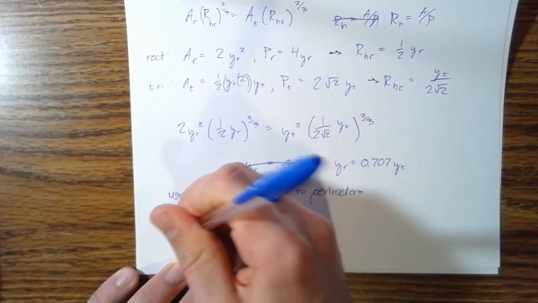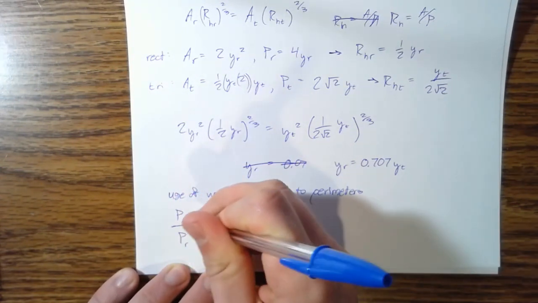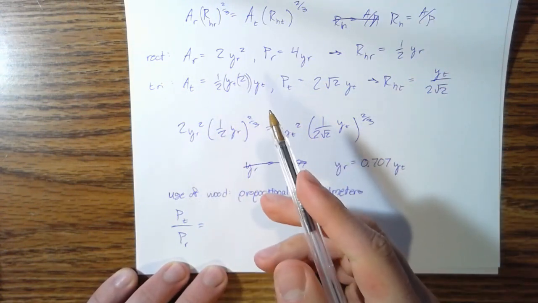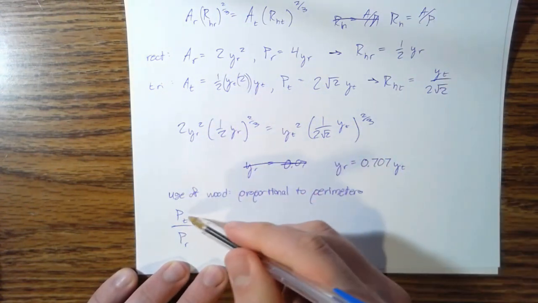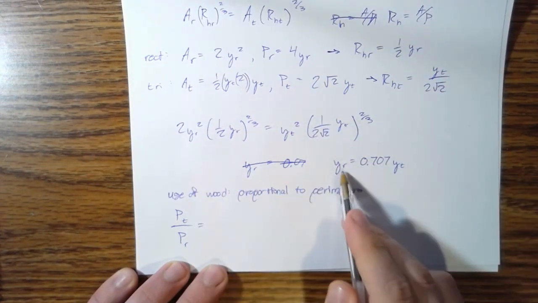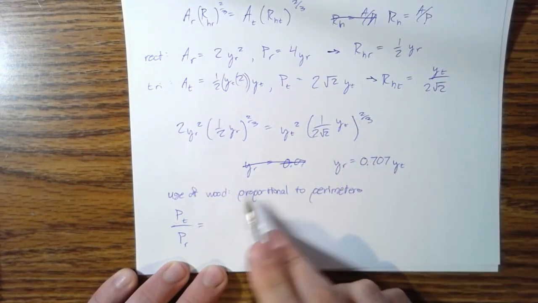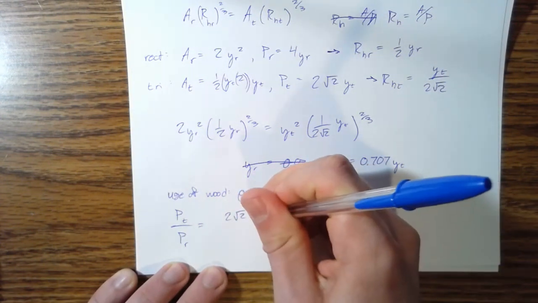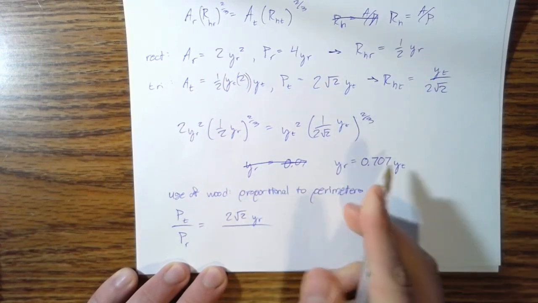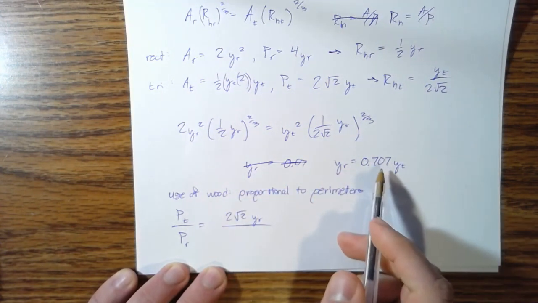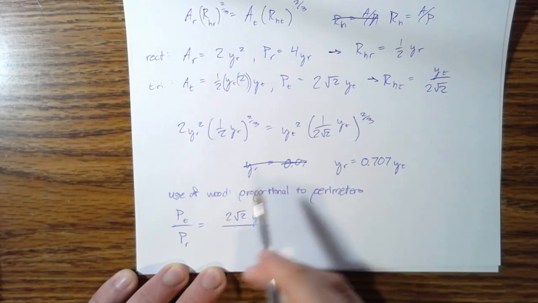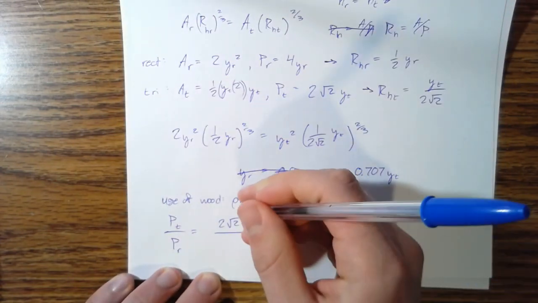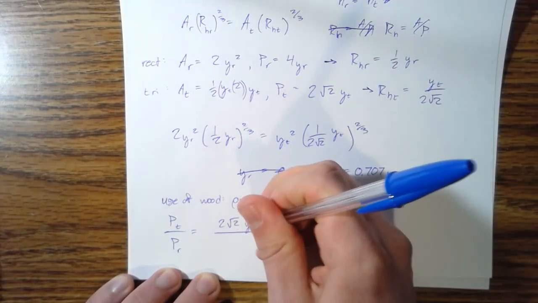So we'll do P sub t over P sub r and substitute in our y sub t over here. We get 2 square root of 2 y sub t, because 1 over 0.707 is square root 2. Or, hold up, that's supposed to be y sub t. There we go.